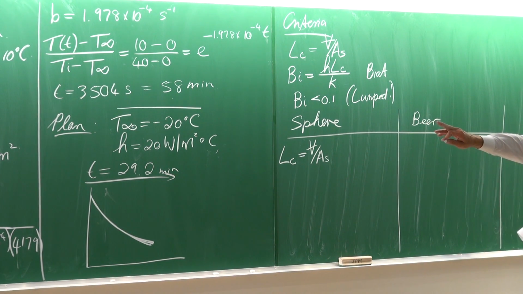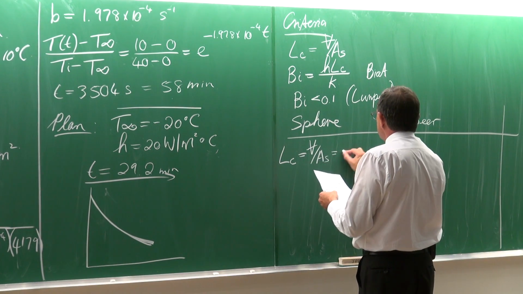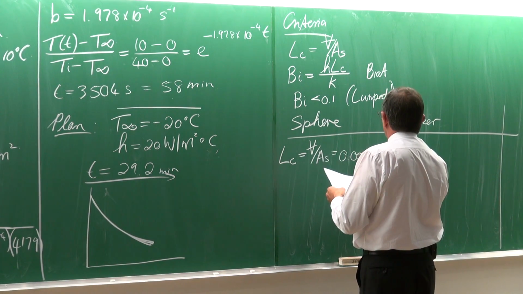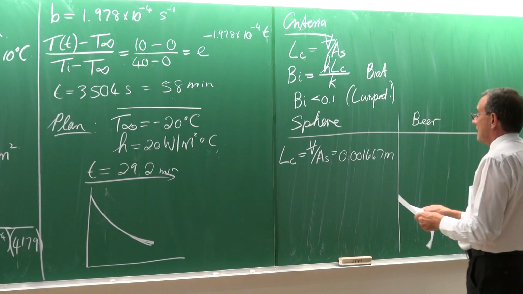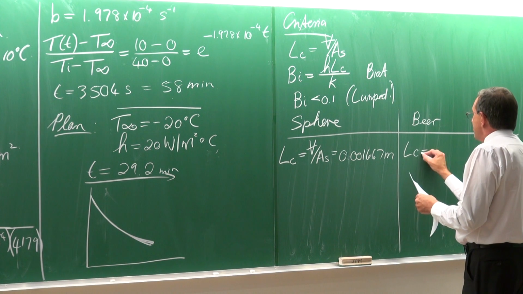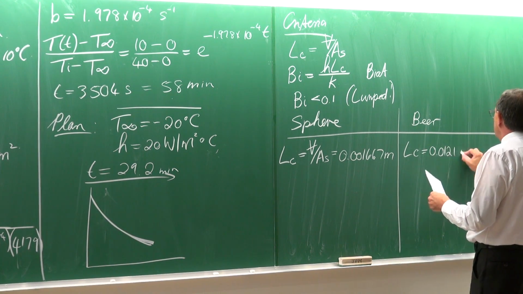If we do the calculation, the characteristic length is 0.001667 meters. For the beer can, it is 0.0121 meters.